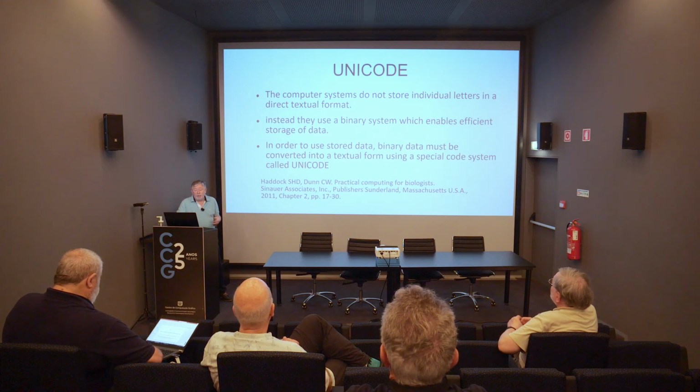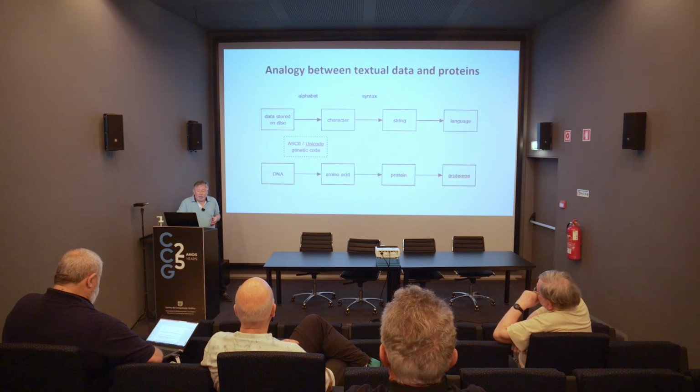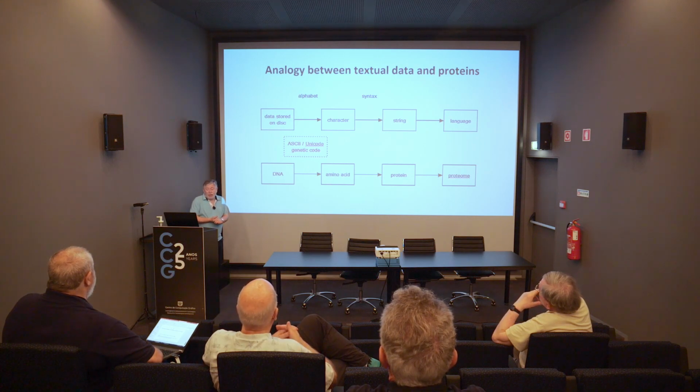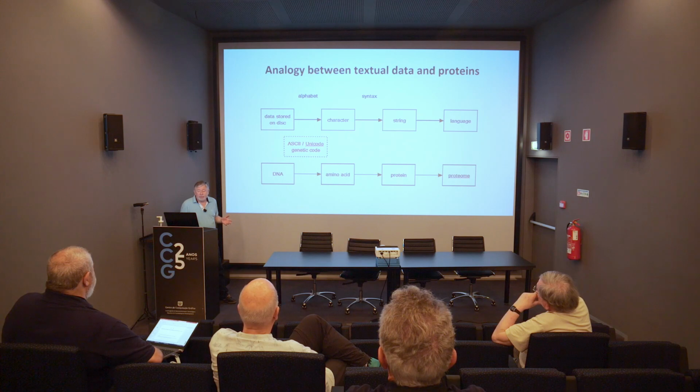Unicode can be used to store those, and is used to store those. And the analogy is well seen between the computer system and DNA. We have data from computers, strings, language.